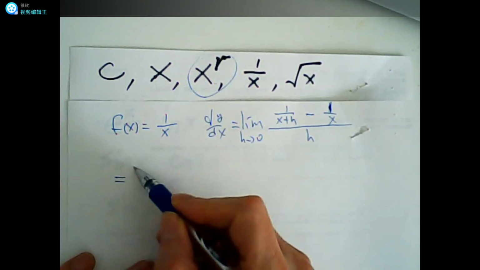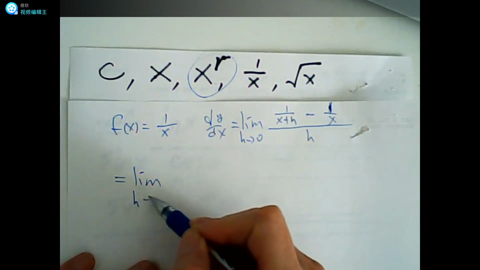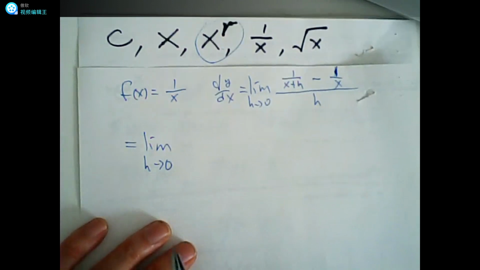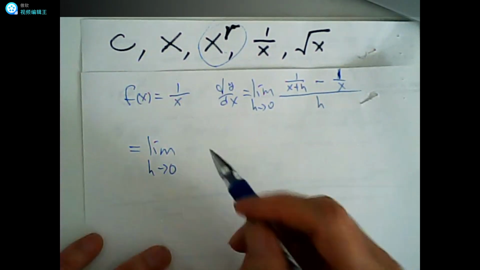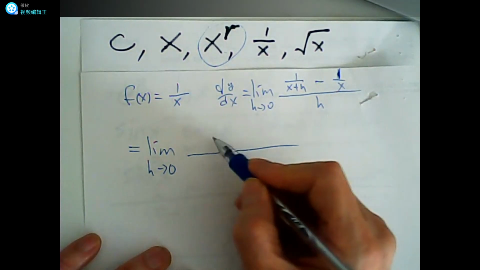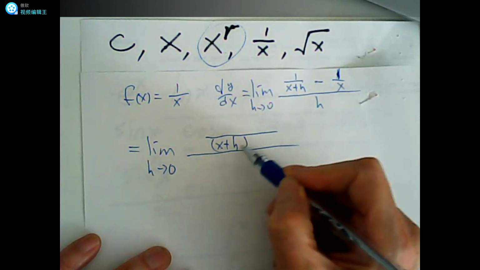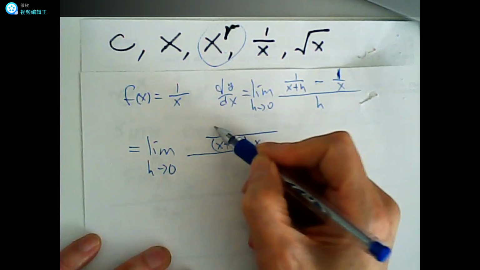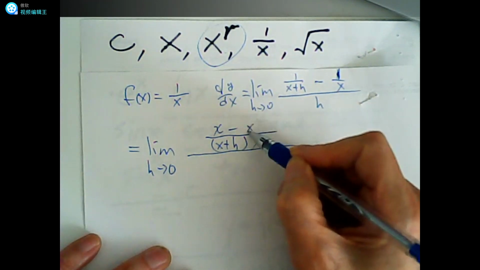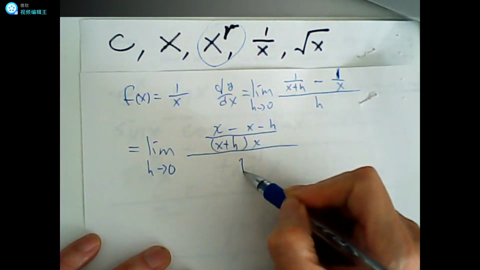So this one is equal to the limit as h approaches 0. You can see clearly, this is the common factor x, this is x minus h over h.